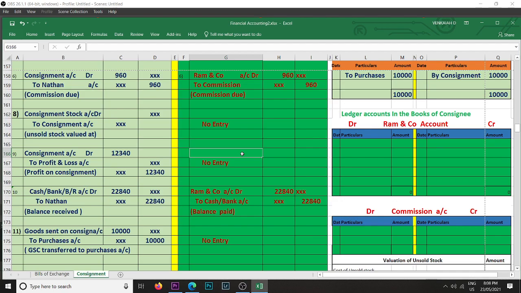Next entry is for sales, I think. Yes, sales. Bank account debit to Ram account. In Ram account, credit side by bank. Amount is 24,000. And in Ram account, debit side to commission.